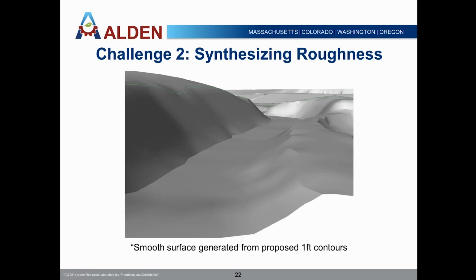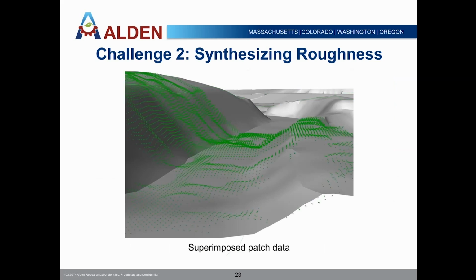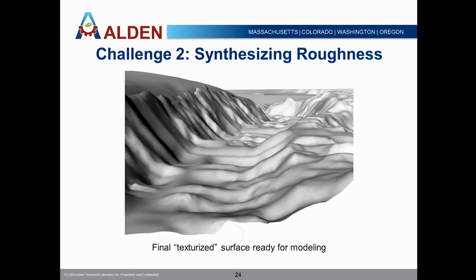So here's our relatively smooth proposed surface built from 1 foot contours in CAD. We drape that patch roughness over top. And then we map our surface onto that roughness to give kind of a synthetically roughened proposed surface with what we think the bedrock's going to break up like, so that we can explicitly model that roughness and form drag in the 3D mesh block.